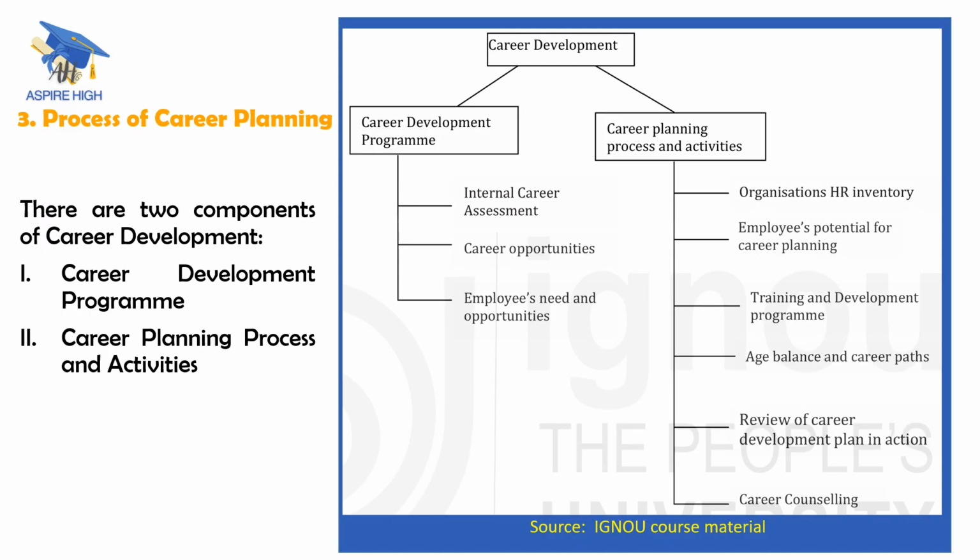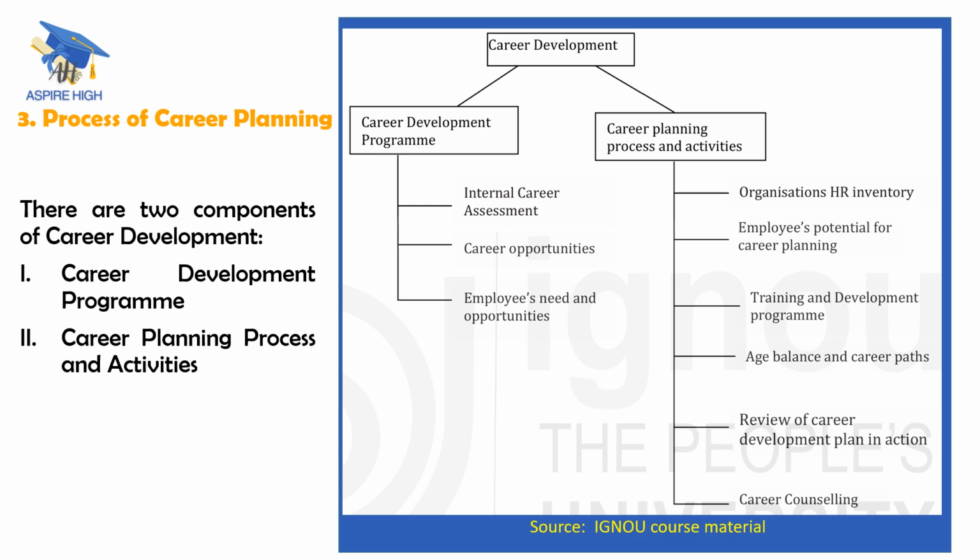Coming to the process of career planning, as already discussed, career development consists of two parts, the career development program and the career planning process. From the examination point of view, we have to mainly concentrate on the process of career planning. But for subject understanding, we shall see the career development program also a little.